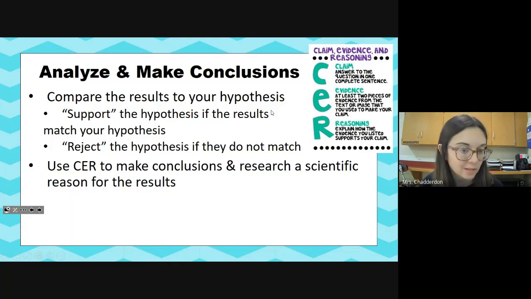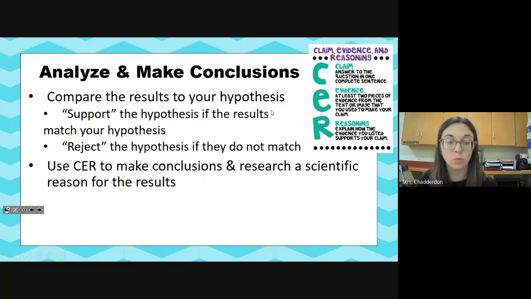Because in science, things are always changing, and we don't want to say that something is fact. We want to say we support it, right? Because we are just one person, or a few people, doing an experiment. Okay, we will reject our hypothesis if the hypothesis and results do not match.